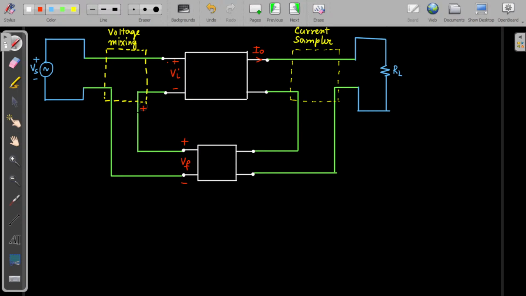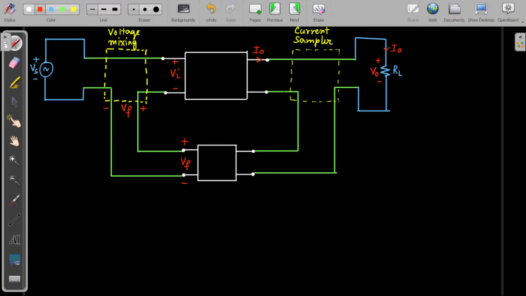So this is plus minus Vf, okay. And here the output voltage across the load resistance will be V0, and the current through the load resistance is I0.